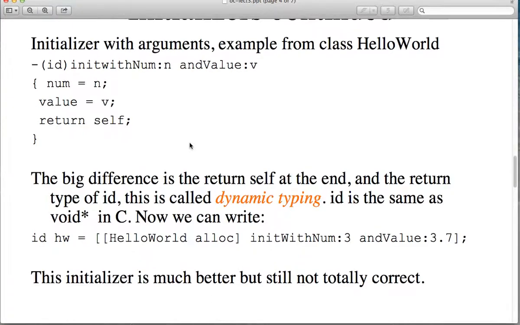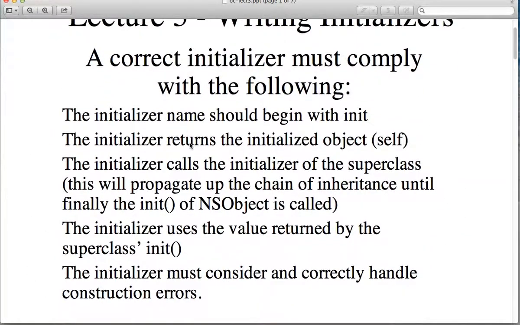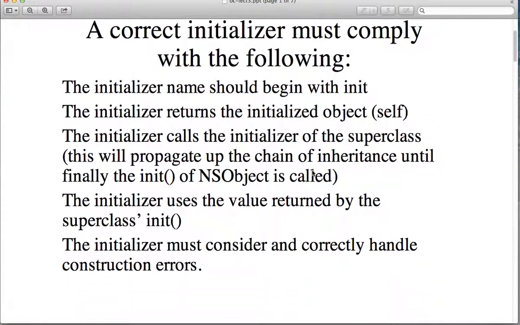It works just fine. But if we go back up to our pseudo requirements, and I say pseudo because it's not really a requirement, the third one down here says the initializer calls the initializer of the superclass. And then we want to make sure that we don't get an error message. We want to make sure that we are actually checking to see that the chain of events actually occurs correctly.